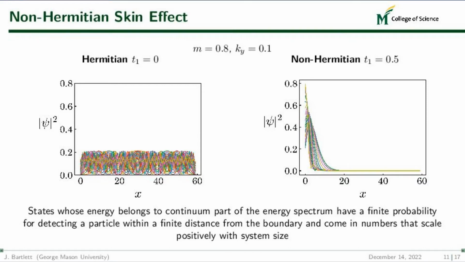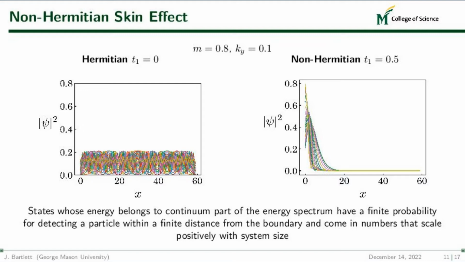And so this is where an extensive number of these bulk states are actually localizing to one hand side of the lattice. So if we look on the left, this is the traditional Hermitian topological insulator case. So we see that for the probability density, all these bulk states are dispersed throughout the entire lattice.